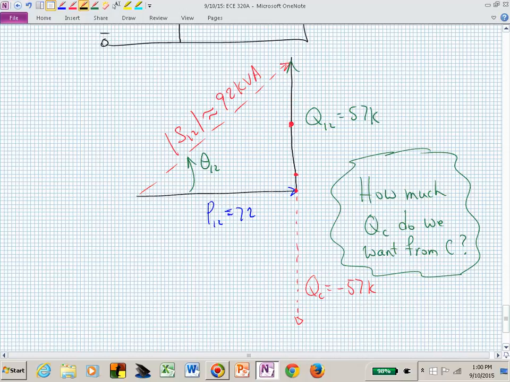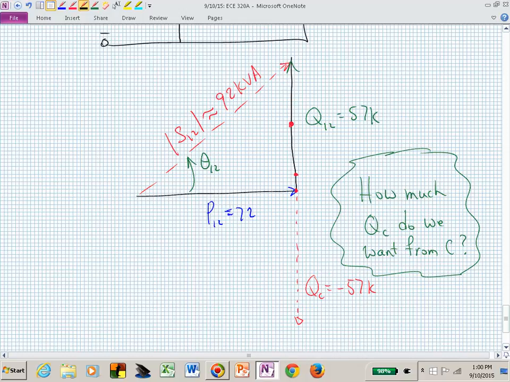So the question was, is it possible to have bigger than 57 in the negative direction? And yes, you could have a capacitor that's now able to deliver more magnetizing VARs than you need.